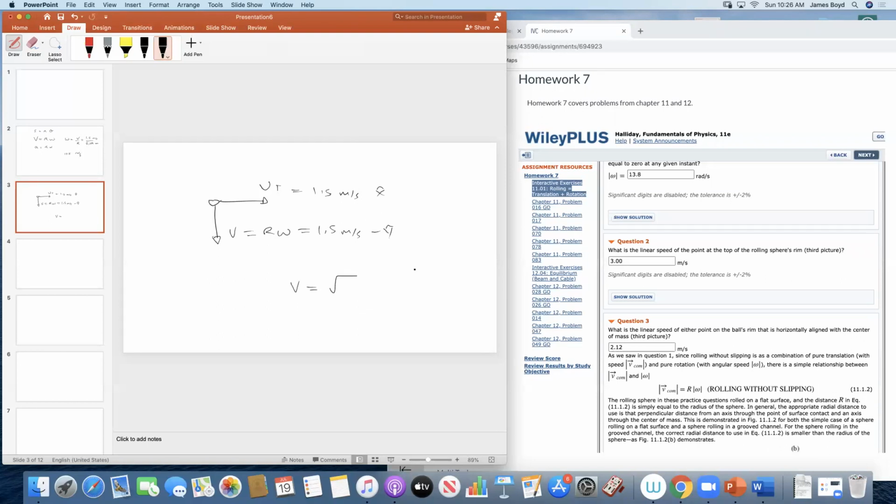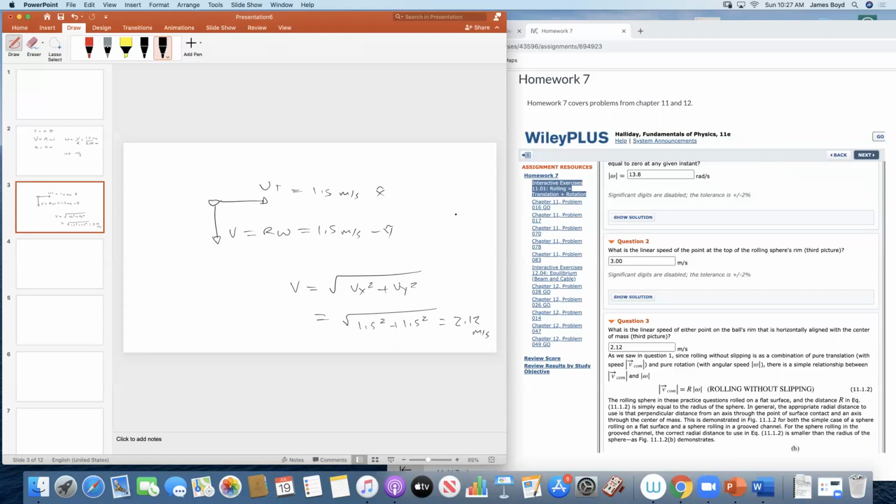So our v is really the square root of vx squared plus vy squared, or 1.5 squared plus 1.5 squared, which is equal to 2 times 1.5 times 1.5. The square root of this answer is 2.12 meters per second.